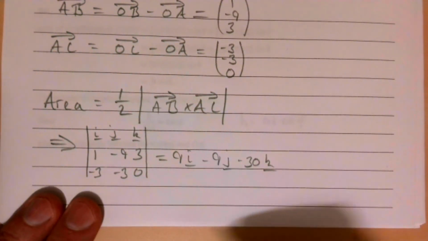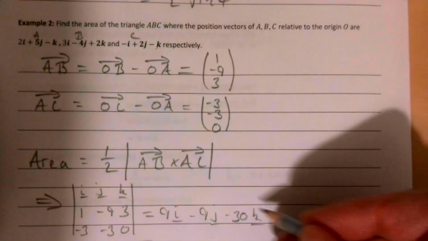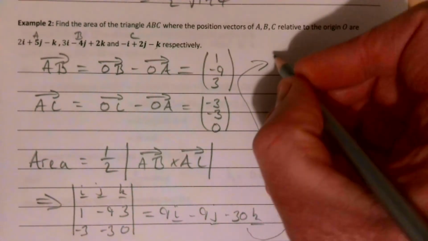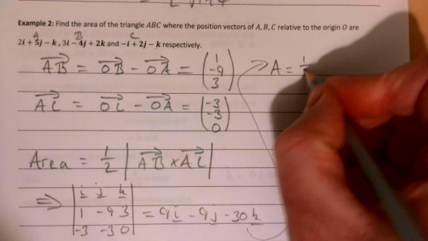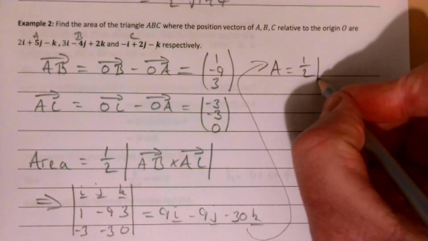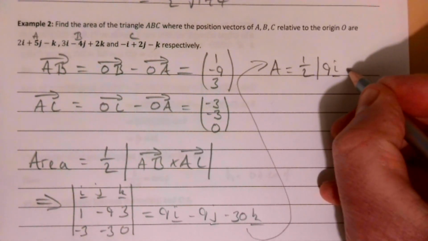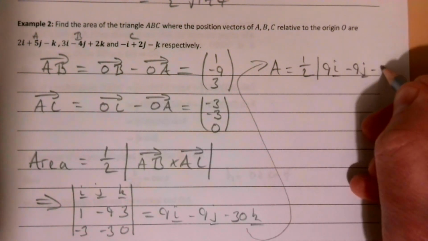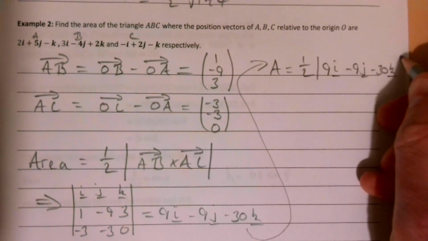So we have that. If we go back up to here, our area is going to be a half of 9i minus 9j minus 30k.